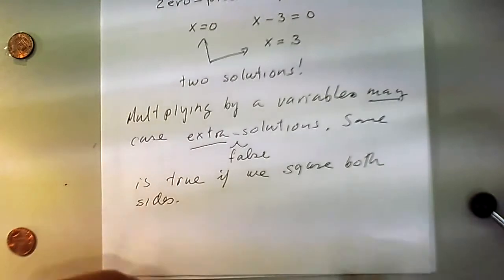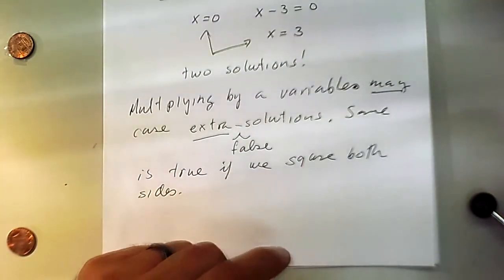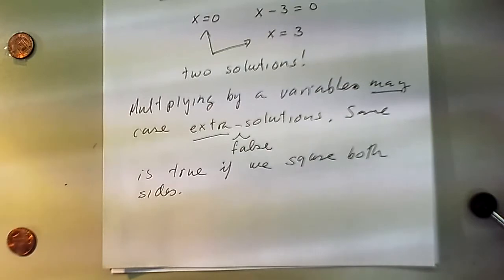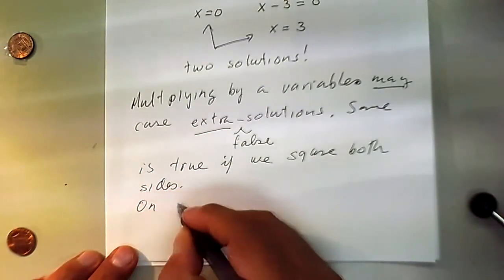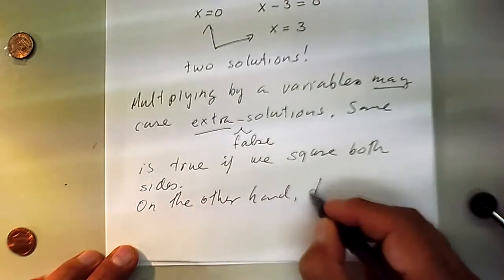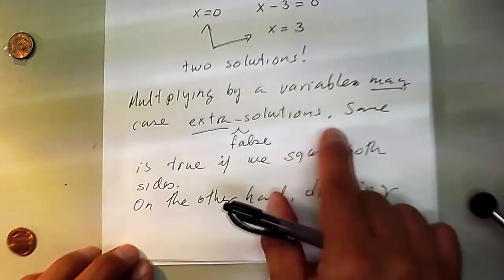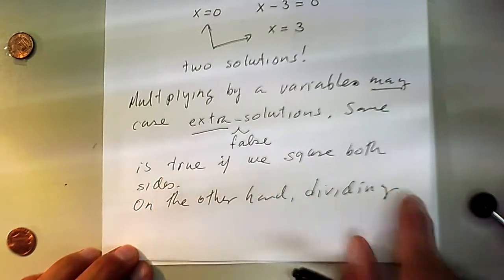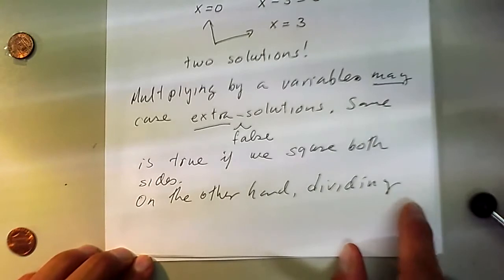And then we also have a consequence of that. Well, if multiplying may add a solution, dividing by a variable may make us lose a solution. So we have to be careful when we divide also. On the other hand, and just as up here, taking squaring both sides or taking the square root on both sides in the wrong way may cause us to lose a solution.